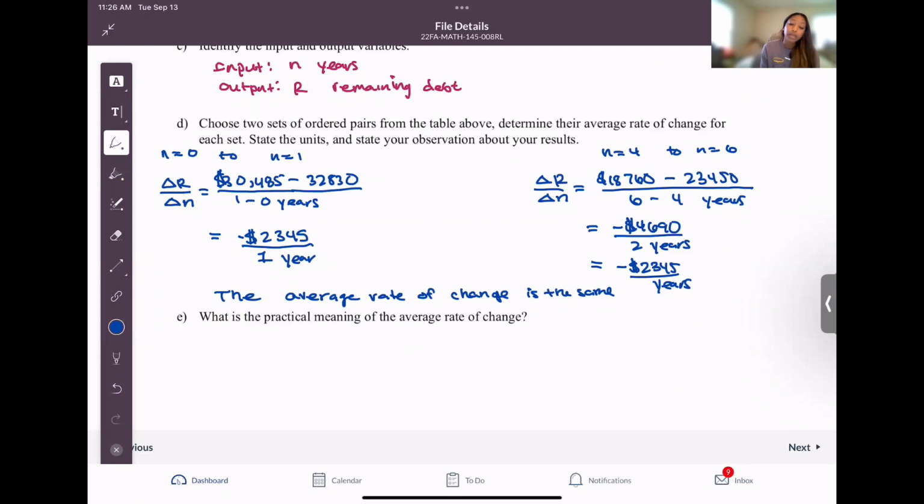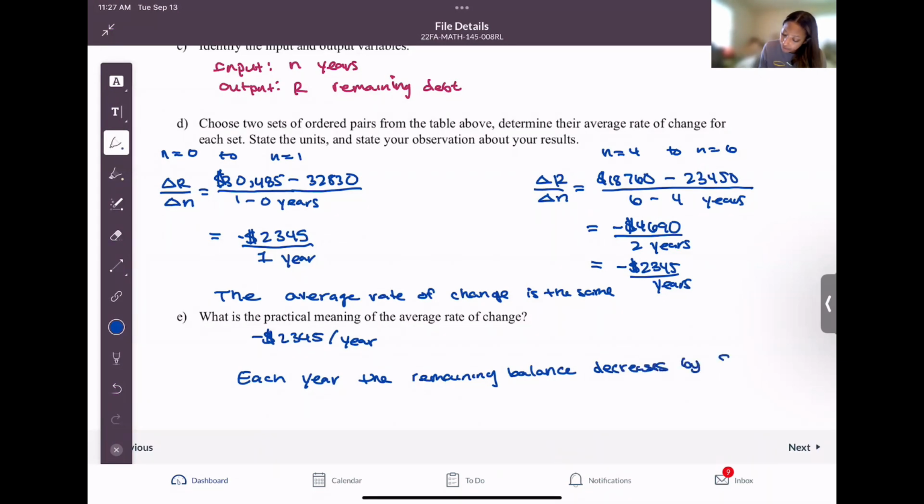What is the practical meaning of the average rate of change? So negative $2,345 per year means that each year, the remaining balance decreases, because it's negative, by, how much is it decreasing by? $2,345.